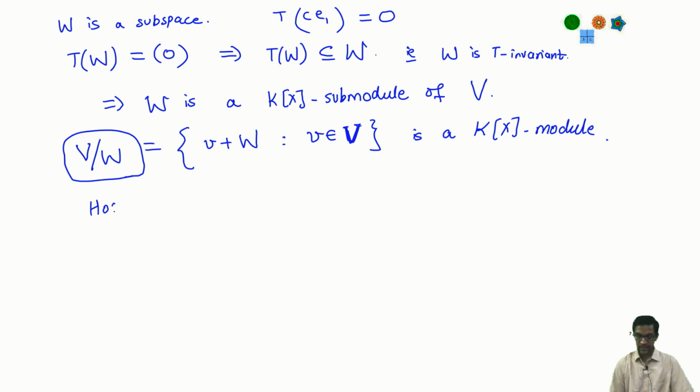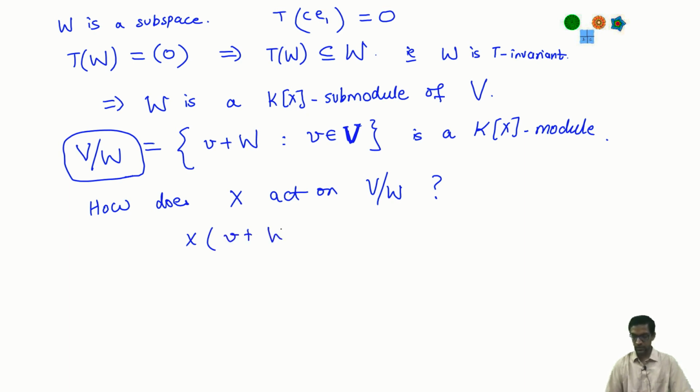How does the polynomial x act on V by W? Let's compute. Let's take x and make it act on a coset v plus W. By definition of the action on the quotient space, how does a ring element act on a coset?